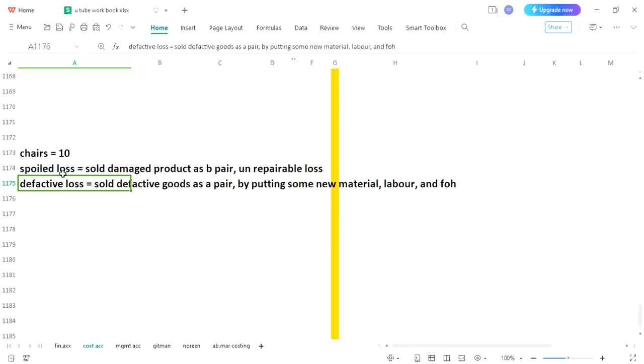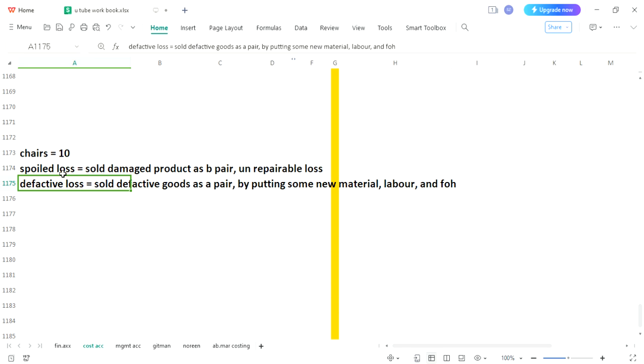In the same case, as we have discussed, in case of spoiled there is a loss, and in defective there is a loss. But in case of spoiled goods, we were not able to repair that loss. In case of defective goods, though our product has been damaged, it is at a minor stage, and we can repair it by putting some material, labor, and factory overhead. Again we can make that product A pair.